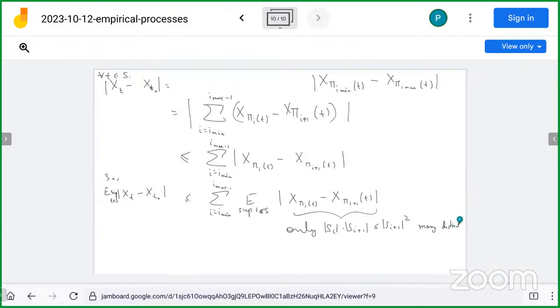Otherwise... So, what am I writing here? And they're all sub-Gaussian.